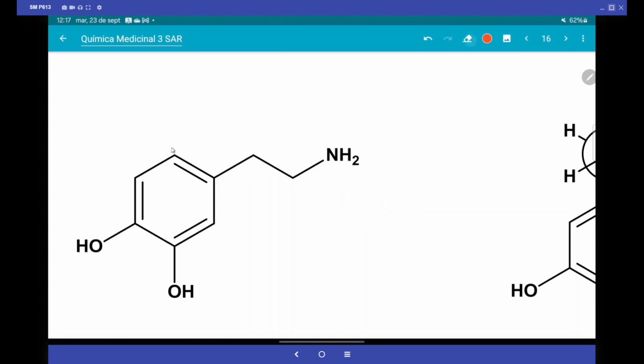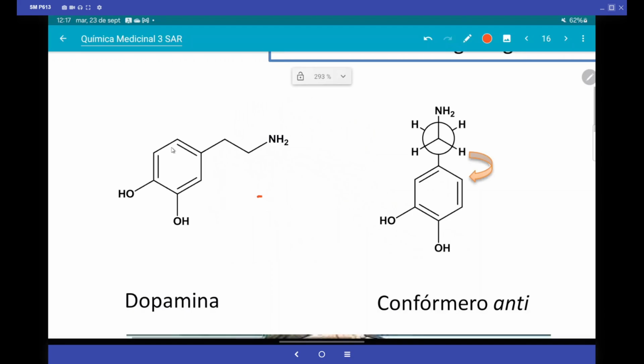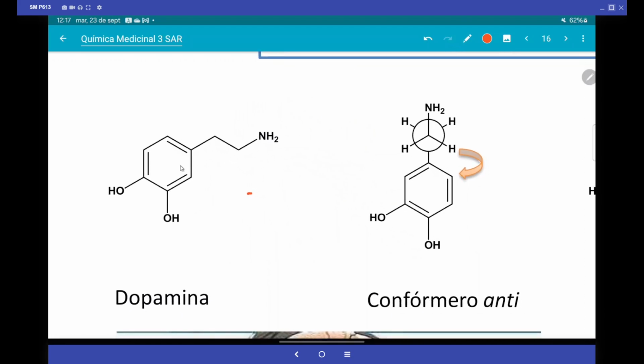And well, this is the dopamine. And it turns out that we can fix a favorable bioactive conformation. We are going to see the Newman projection. The anti conformer has the best affinity for dopaminergic receptors. That is, we are going to look along this link and eclipse this link.